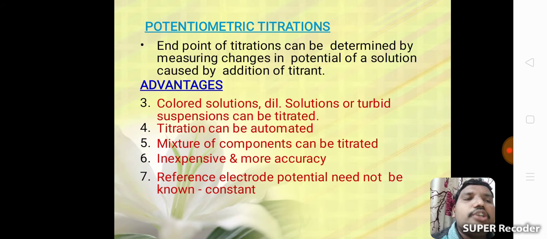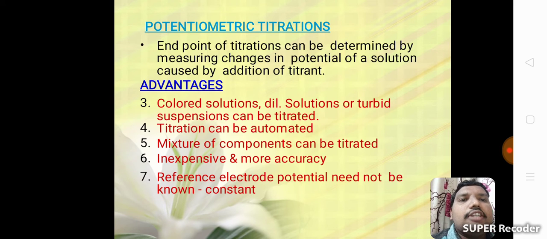See the potentiometric titrations. The end point of titrations can be determined by measuring changes in potential of a solution caused by addition of titrant. Advantages: colored solutions, dilute solutions or turbid suspensions can be titrated.